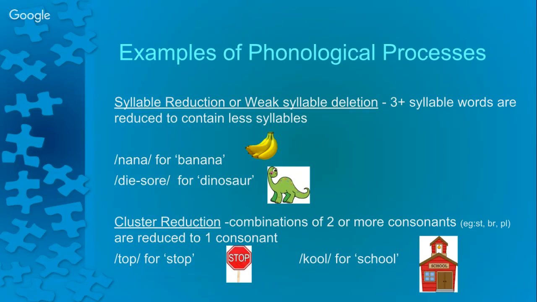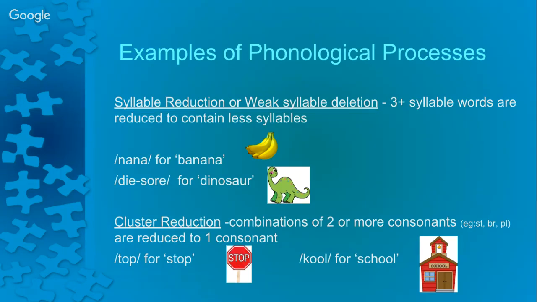Weak syllable deletion or syllable reduction is probably one that you're very familiar with, especially for most little children. They take the weak syllable of words that have 3 or more and drop it. So banana becomes nana. Dinosaur becomes diceor. And they just take out one of the syllables.